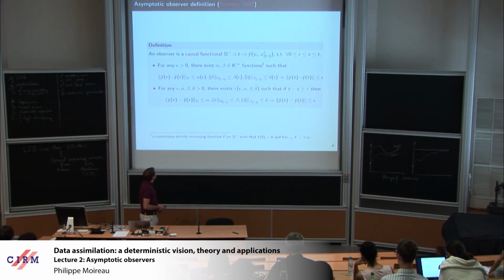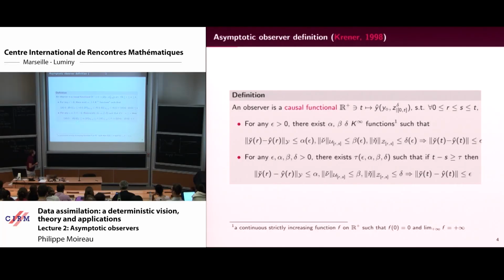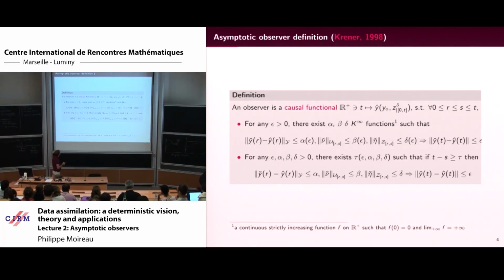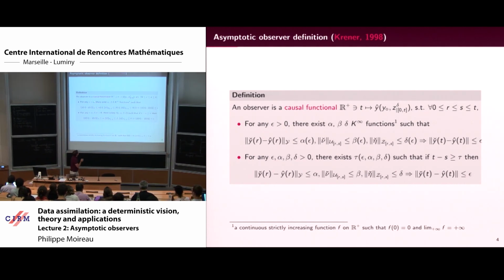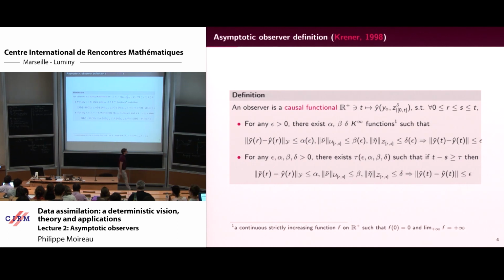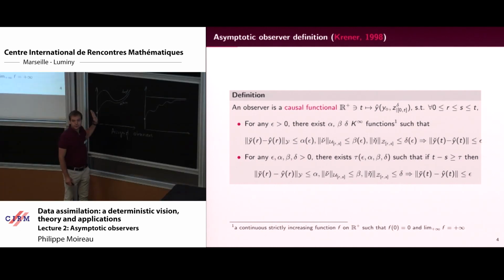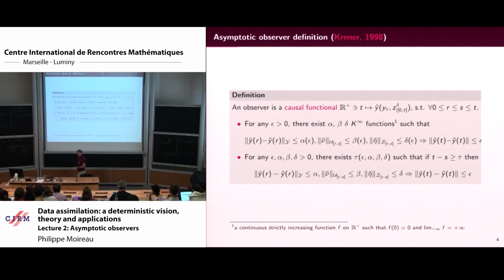So there is a complete definition. I will pass quite quickly on the definition to interpret the two bullets here. Basically, the idea for an observer is that it should be causal, so it can use only the observations up to time t. It should be stable with respect to perturbations.